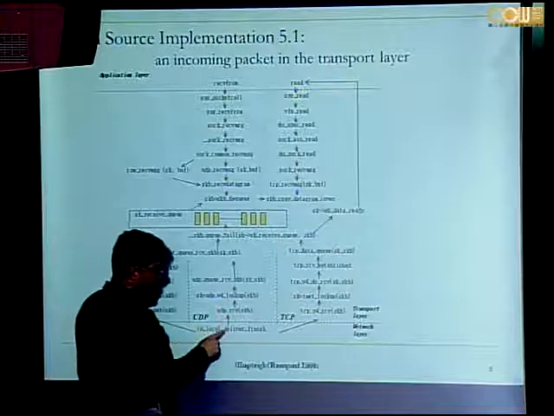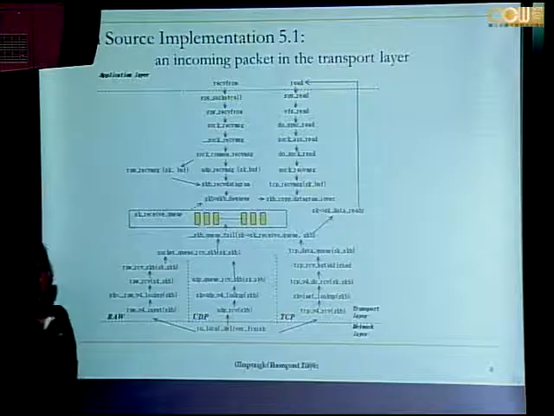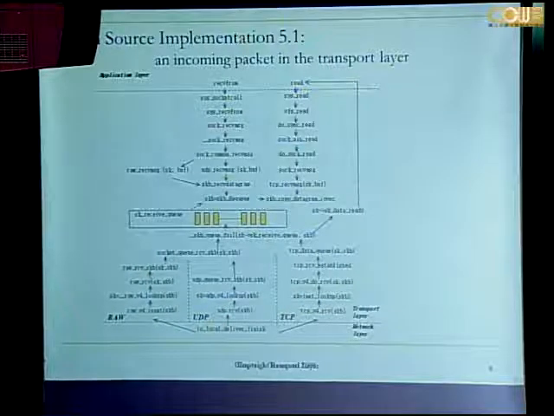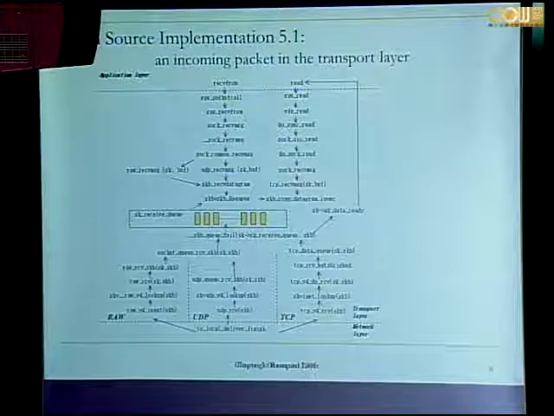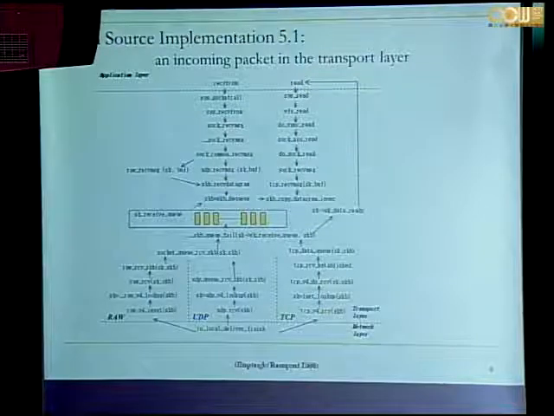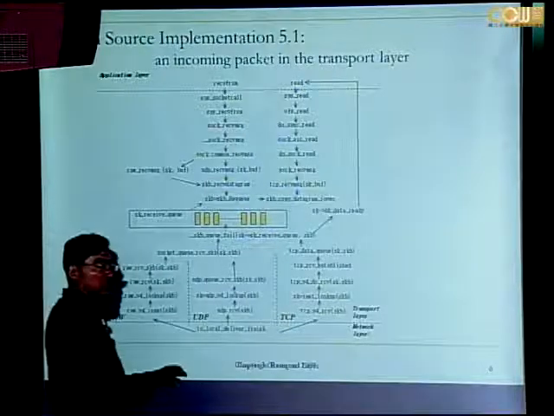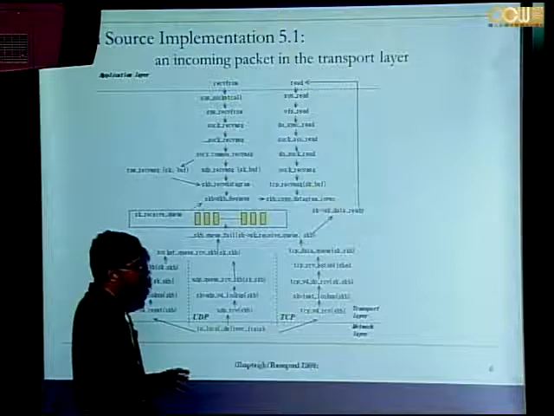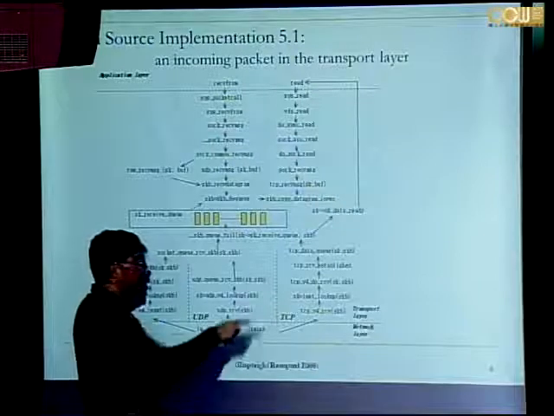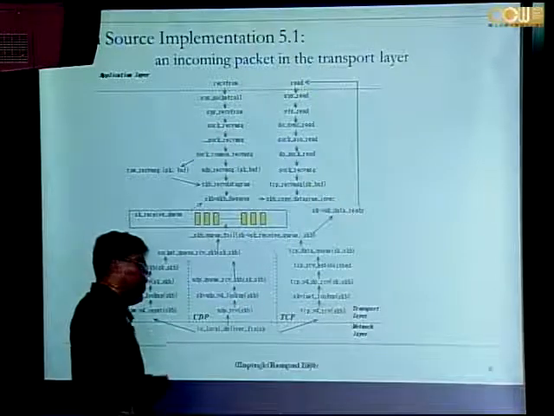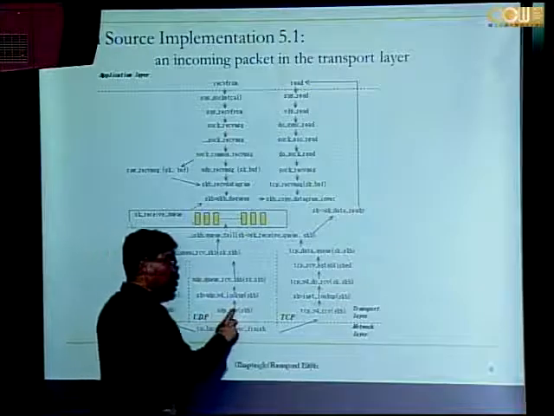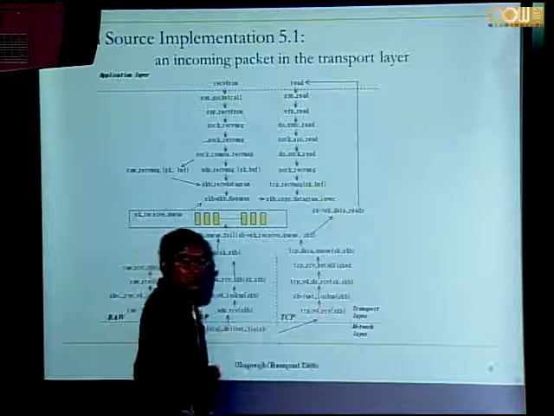In the IP header, there's a field called protocol ID, and that number will tell which function you should call, depending on whether the payload in the IP packet is TCP or UDP or raw. So from that number, you will know which function to call.